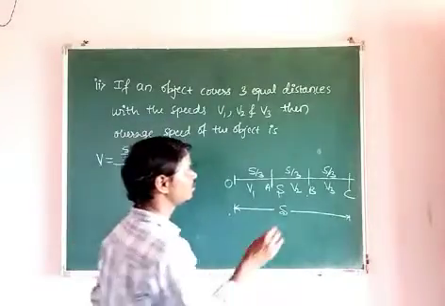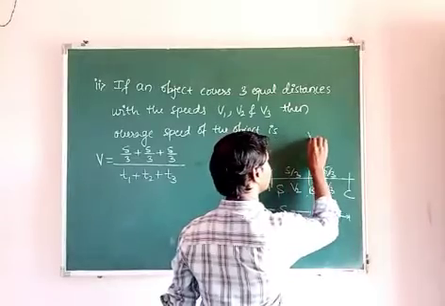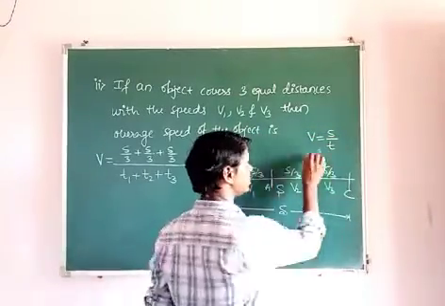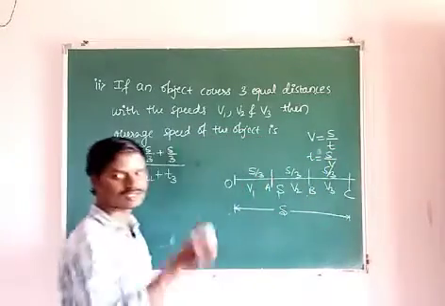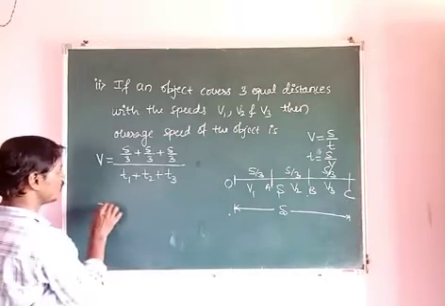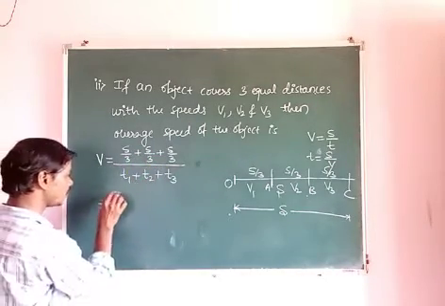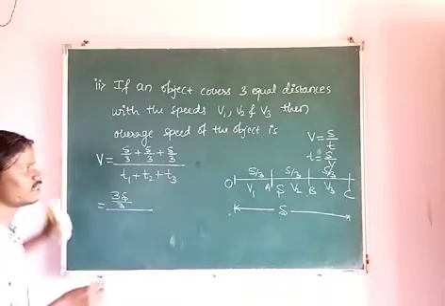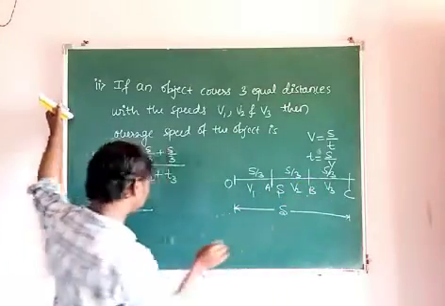What about time in terms of speed and distance? See here once again, speed is equal to distance divided by time taken, so time taken is equal to distance divided by speed. Using this formula, S by 3 plus S by 3 plus S by 3, that is 3S by 3, divided by T1, which is S1 by V1.